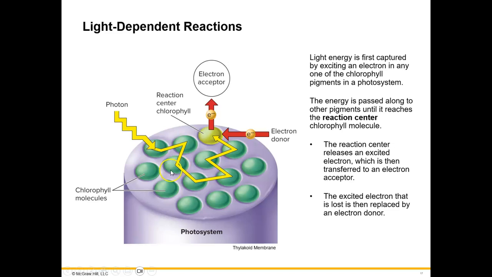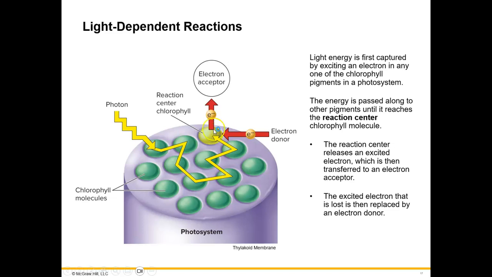So let's look at that a little more. Our photon is going to interact with chlorophyll, and it's going to excite or energize one electron. That excited electron from the photon is going to be passed around, kind of like hot potato, like we said before, between these different chlorophyll pigments.